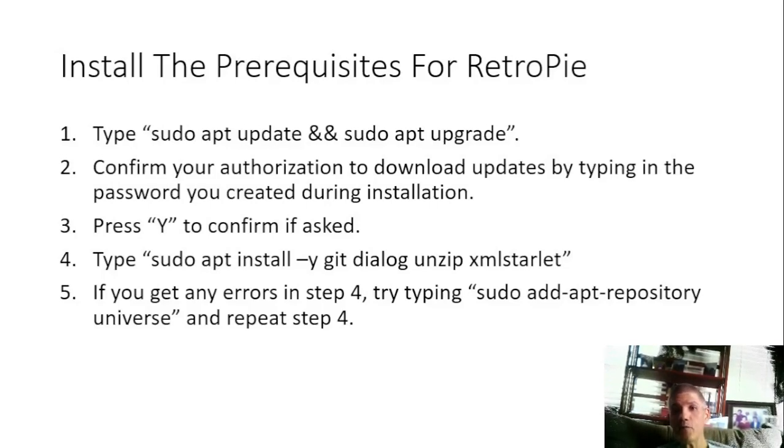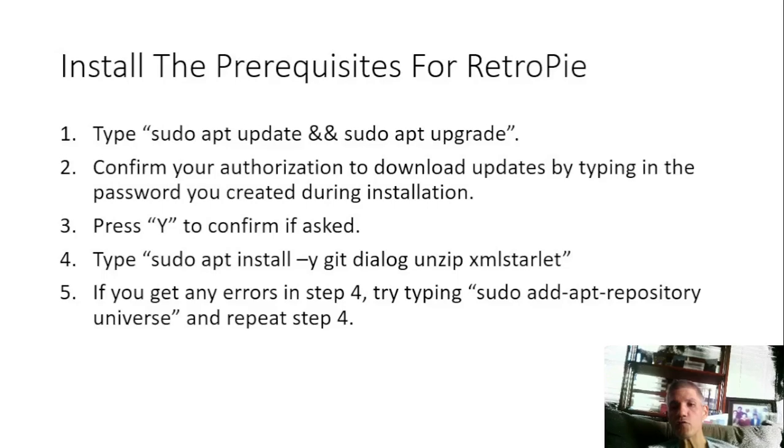This time, we're going to run sudo apt update and sudo apt upgrade because we are logged in as the user player_1. We're no longer the root user. We're going to confirm our authorization to download the update by typing in the password we created during creation of this user, which is going to be 1. We're going to press Y to confirm our choice if we're asked.